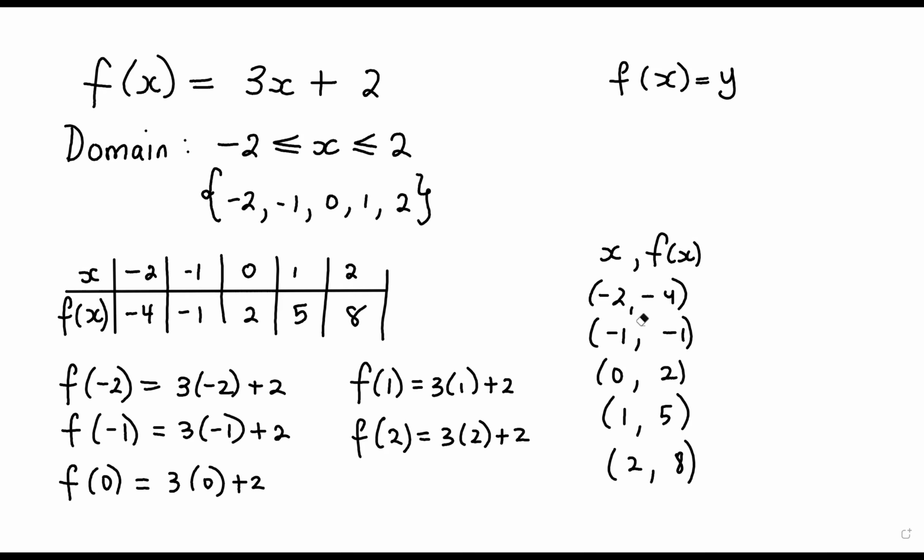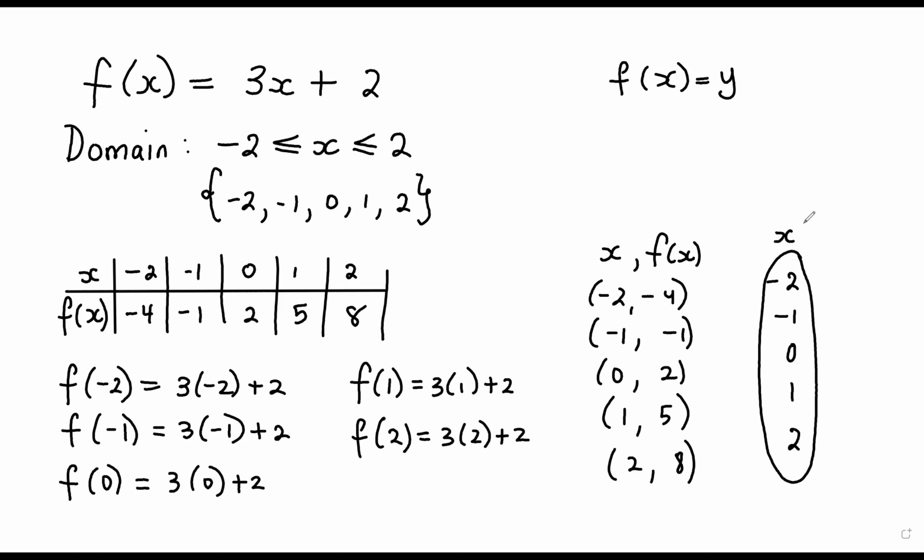I can represent it in a mapping diagram, right? So in my mapping diagram, I will have negative 2, negative 1, 0, 1, and 2 in my domain, because these are my x values.